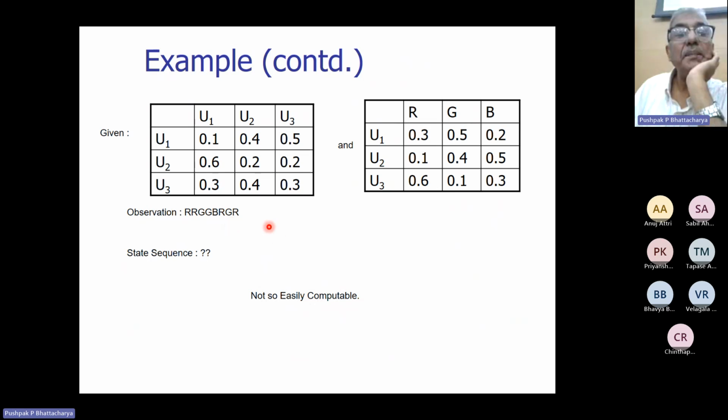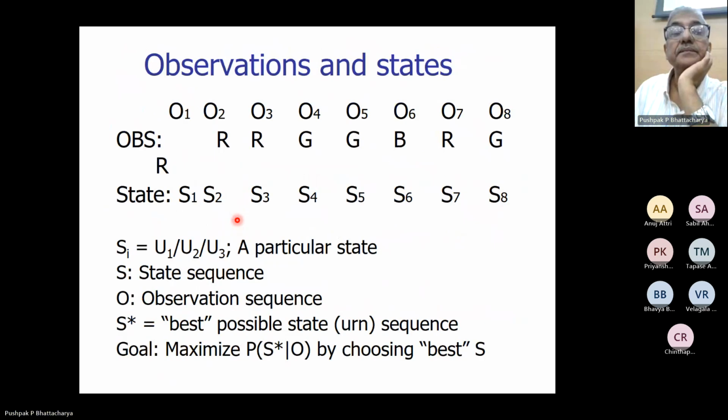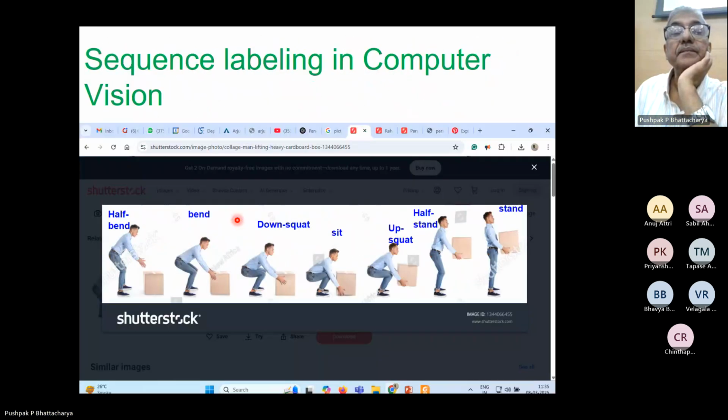Now, what is the practical utility? Let's say I am given a sequence of postures, and I want to label them as half bend, bend, down squat, etc. You can see that up squat and down squat can be confused. They look very similar.